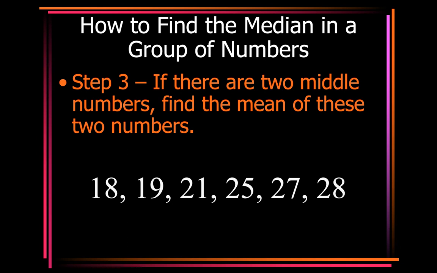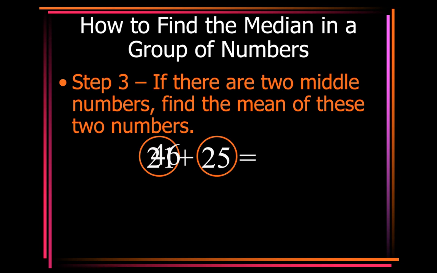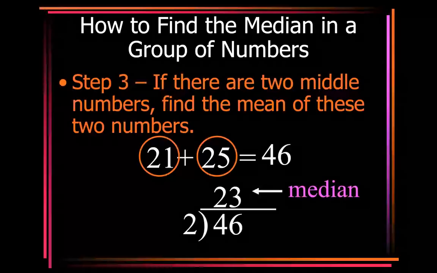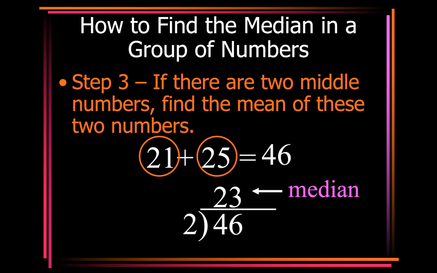Since there's 6 numbers, technically 21 and 25 are both in the middle. There's 2 numbers on each side in this case. You have to find the average or the mean of 21 and 25. Well, if I add them together, I end up getting 46, and 46 divided by 2 is 23. So that is my median.